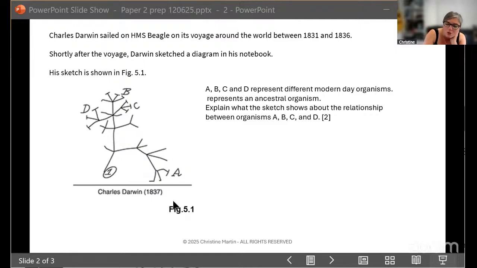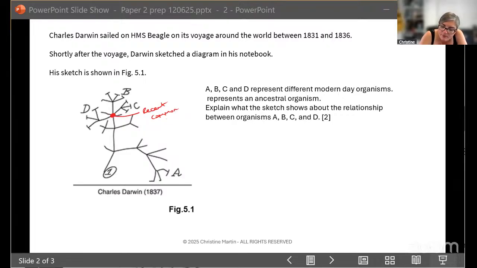But what you should know when you're doing this is to note where the last common ancestor was. If I were to put a dot over here, that represents the last recent common ancestor.